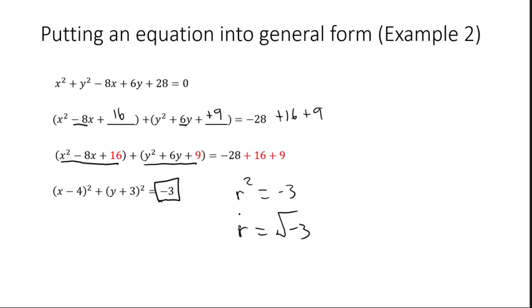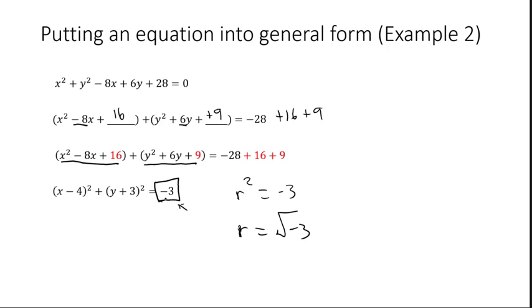Well, we can, but it's not going to be real. So what this indicates is that because the radius is a square root of a negative number, we cannot have a graph. There's no radius. There's no solution. All right, so this equation, once you get into the correct format, where the number on the right side is negative, there's going to be no graph for that.